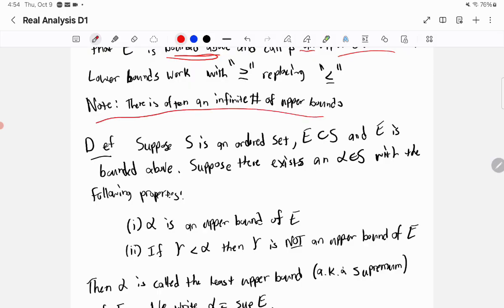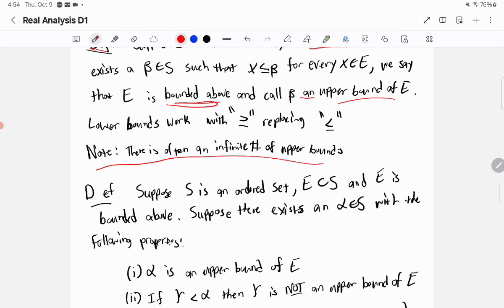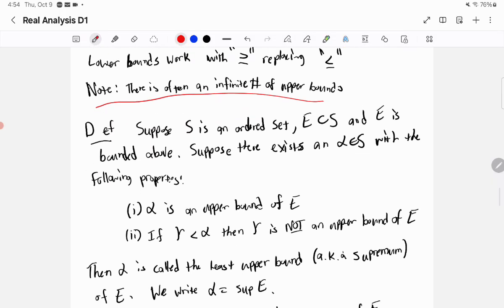So I made this note here, fixing my language that I almost made the mistake of there. There is often an infinite number of upper bounds. Not that there's not, we could have some finite set, right? But that acts as upper bounds. But often there is actually an infinite number of upper bounds, right?